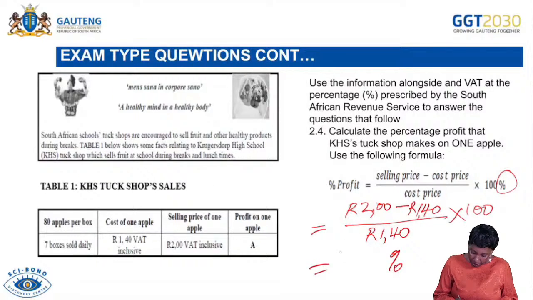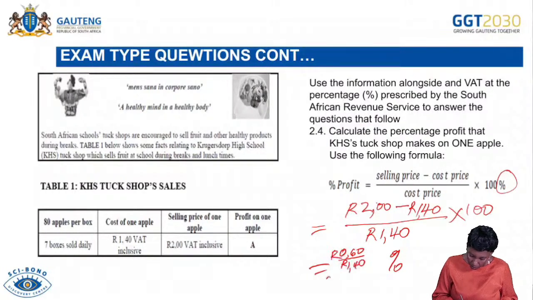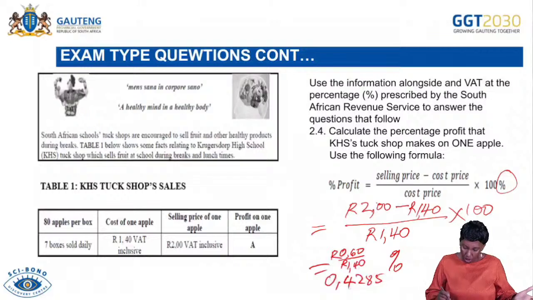Now, it will be 0.60 divided by 1 rand 40. Let me just quickly do that. 0.60 divided by 1 rand 40. And then you get your answer to be 0.4285. And then the examiner will tell you to round it off.